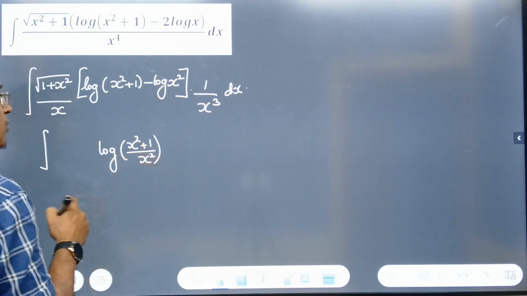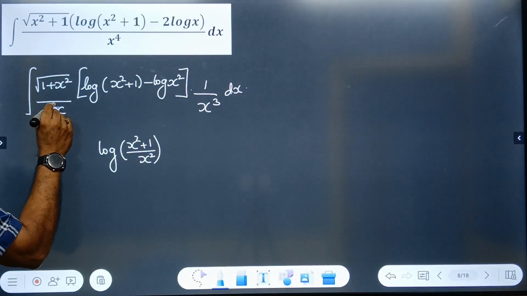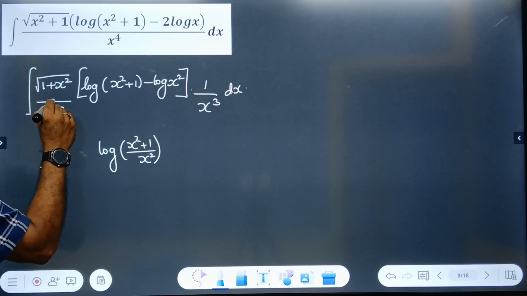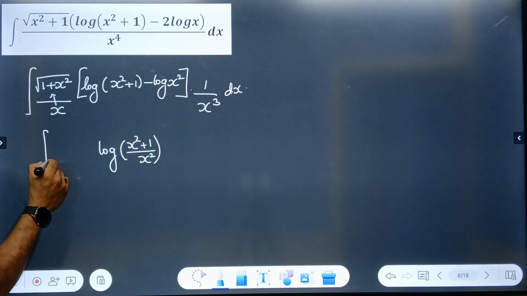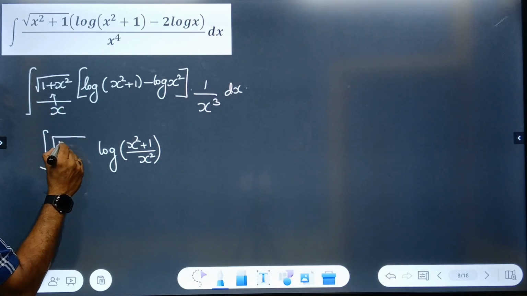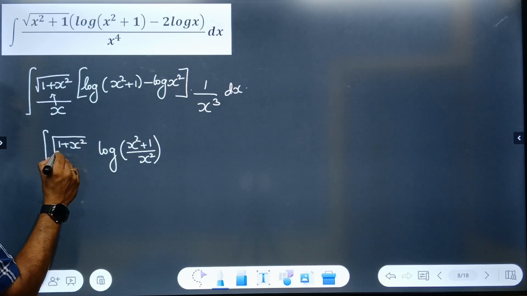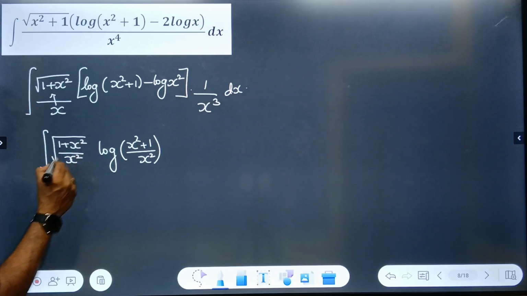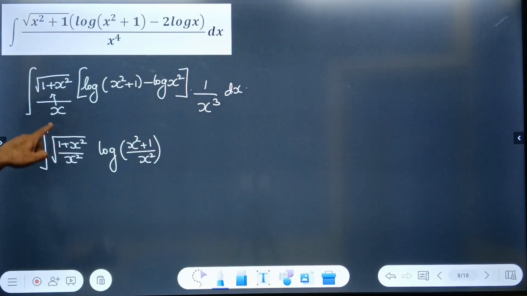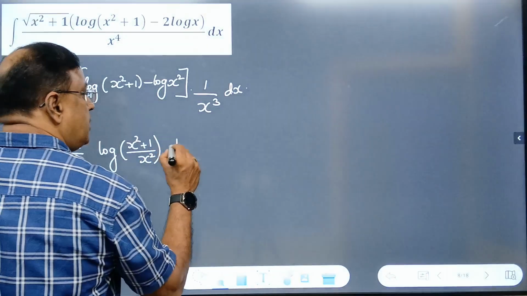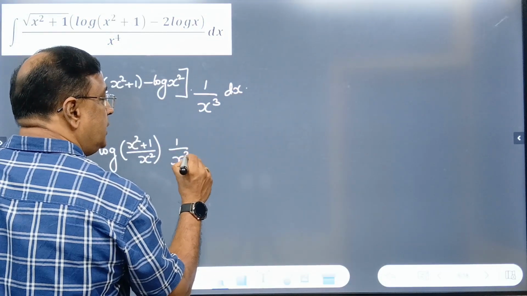So in the same way, I take this x inside the square root. So it will become 1 plus x square by x square. You know root of x square is x. So I'm taking it inside the square root into 1 by x cube dx.